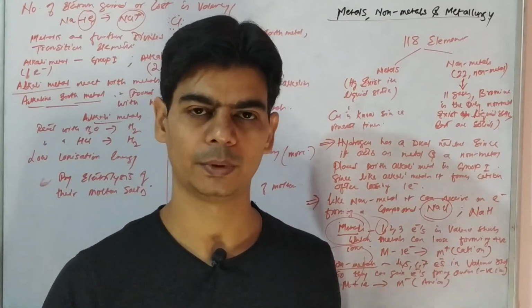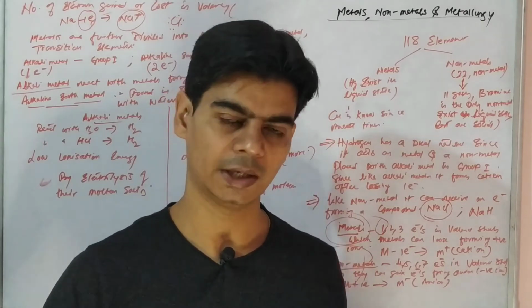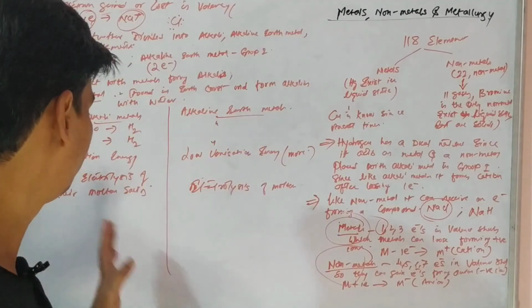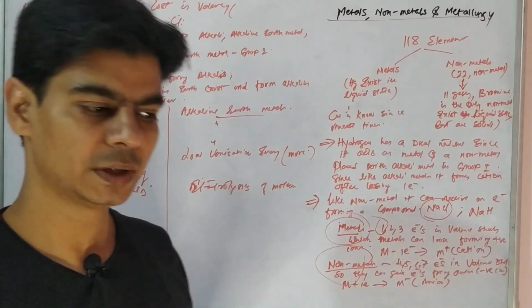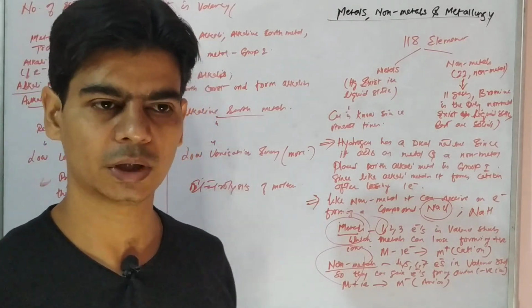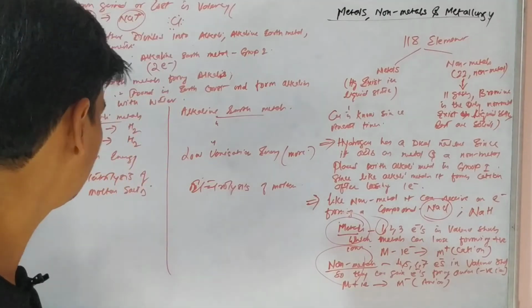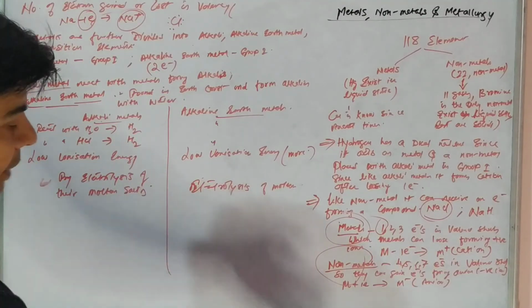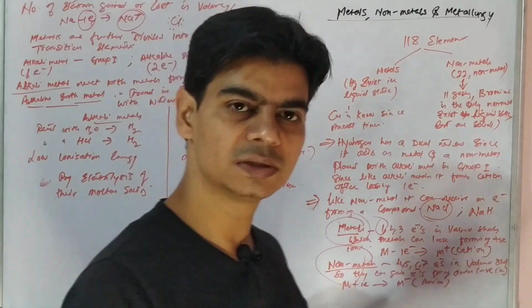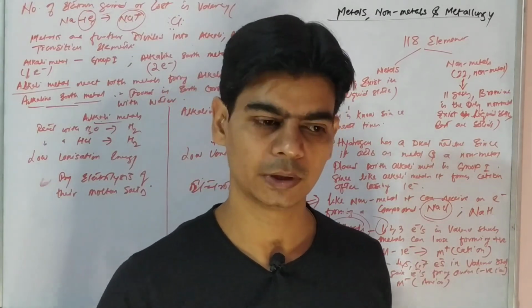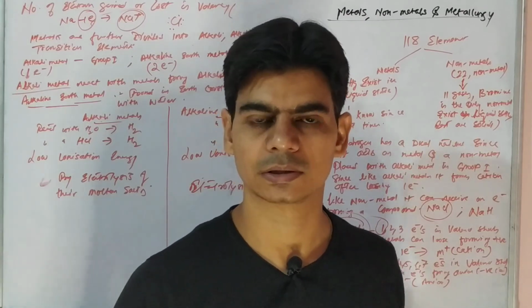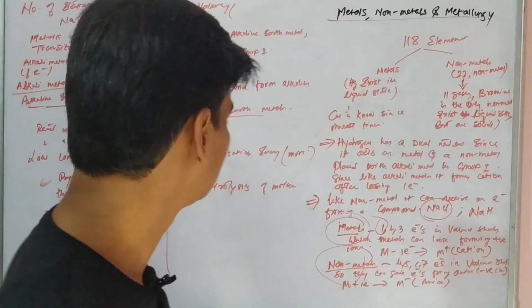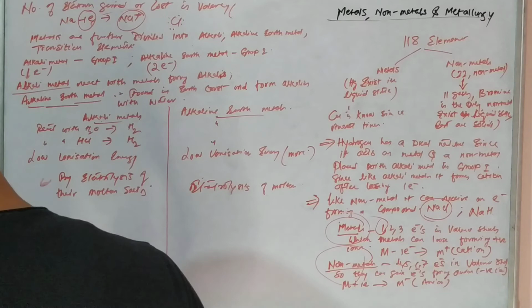So metal would not be obtained, only hydrogen would be obtained. That is why we always take these salts of alkali and alkaline earth metals in fused, molten state, so that we can obtain metal at the cathode. If we take aqueous salt of these metals, we will get hydrogen, because hydrogen is below in the electrochemical series, so it will be preferentially discharged compared to these metals. So this point is important.